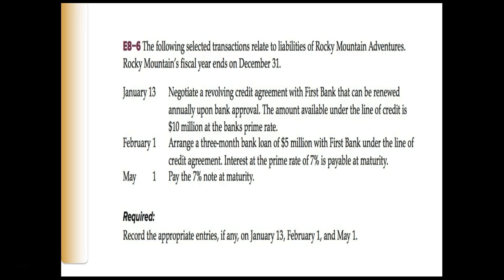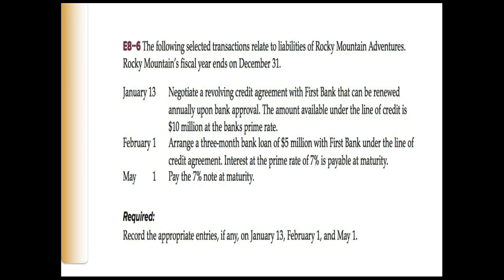Let's look at a problem here. The following selected transactions relate to liabilities of Rocky Mountain Adventures. Rocky Mountain's fiscal year ends on December 31st. So we have 3 transactions. On January 13th, we negotiate a revolving credit agreement with First Bank that can be renewed annually upon bank approval.